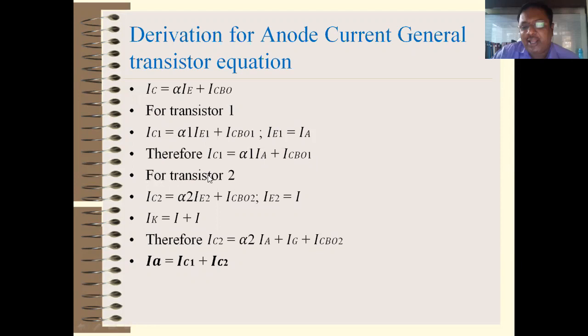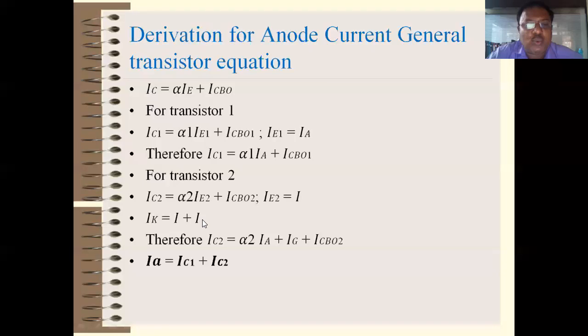Okay. For transistor 2, IC2 equal to alpha 2 into IE2 plus ICBO2. This IE2 is nothing but IK, right? And IK equal to IA plus IG, that is the cathode current.